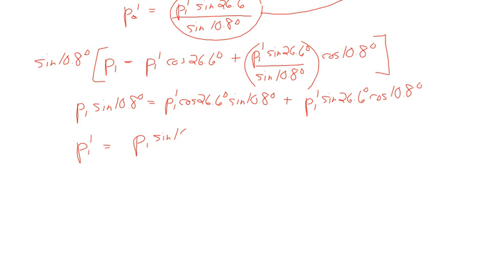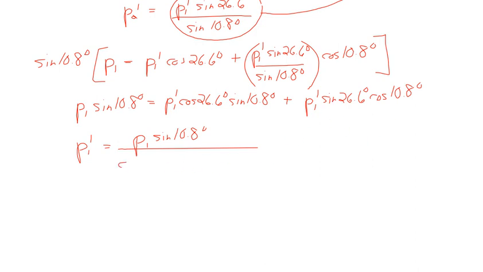sine of 10.8 degrees divided by, and now what it's going to be divided by is when I pull out the P1 prime, I'm going to have that plus that. And so that's going to end up being in the denominator down here.